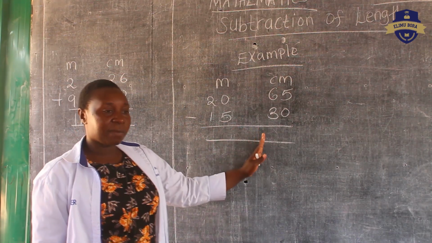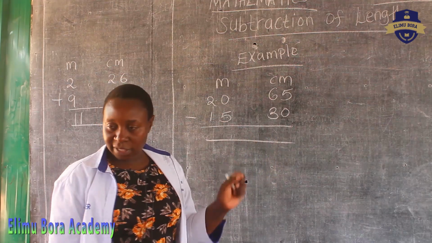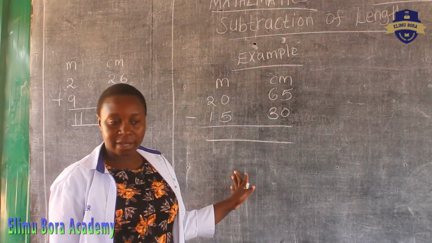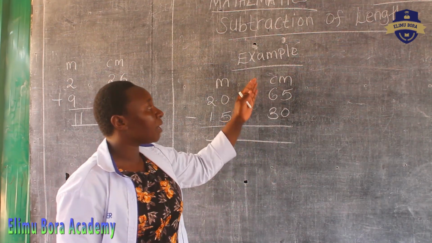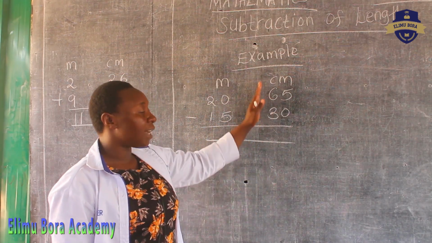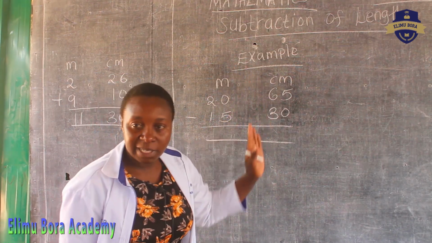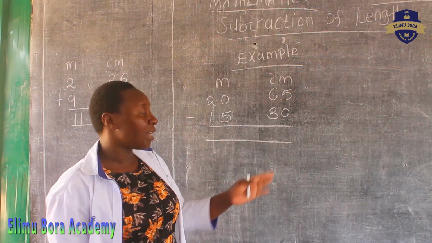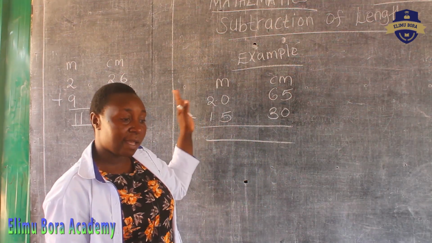So what you are supposed to know here is that when you are subtracting, you start from which side? Are we going to subtract the centimeters first or the meters? Centimeters. Very good. All the time you start from the centimeter side. When you complete centimeters is when you come and subtract the meters.